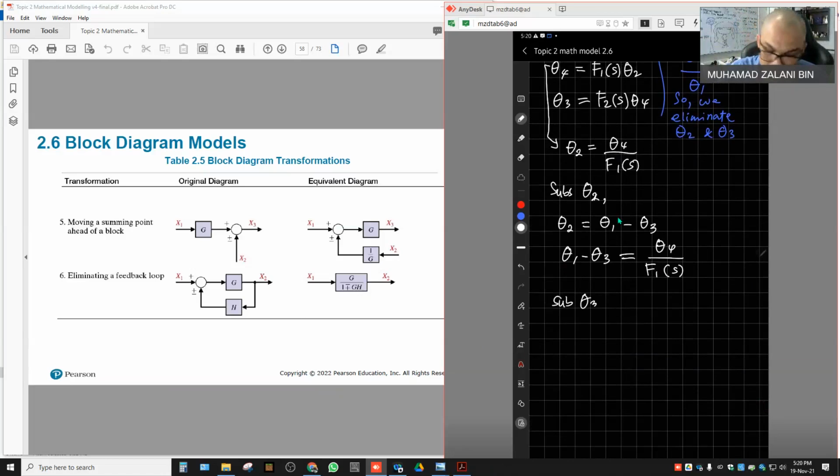Okay. So to eliminate theta 3, we start from this equation. Theta 1 minus F2S theta 4 equals theta 3. So from the equation above, substitute theta 3. So theta 1 minus F2S theta 4 equals theta 4 divided by F1S.